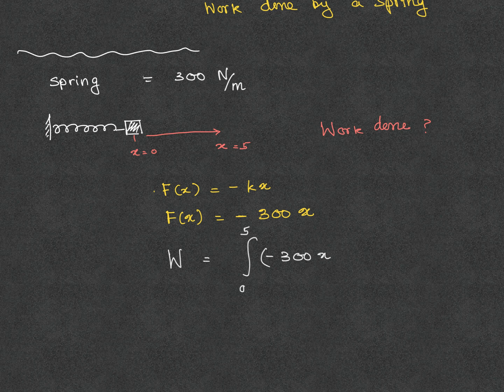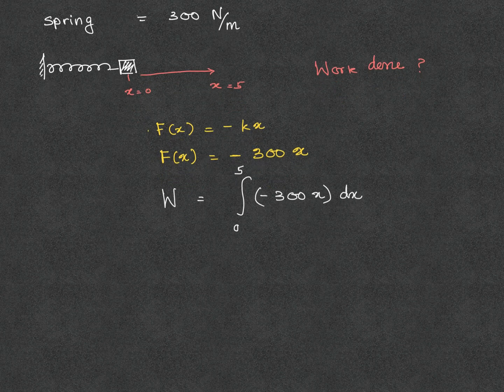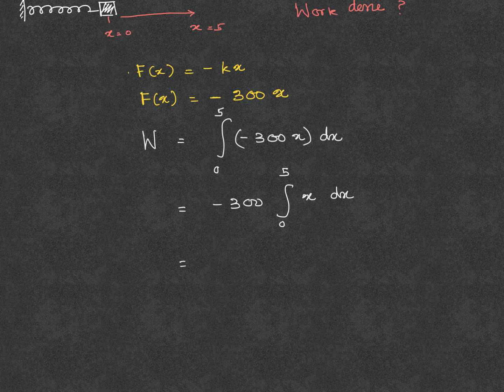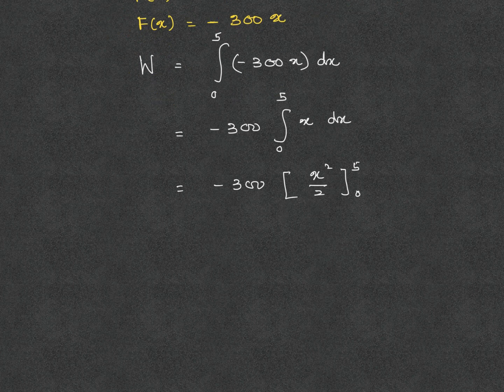Integral from 0 to 5 of negative 300x dx, and negative 300 comes out of the integrand, leaving the integral from 0 to 5 of x dx. Then you do the integration: negative 300 outside, x square divided by 2, with lower limit 0 and upper limit 5.